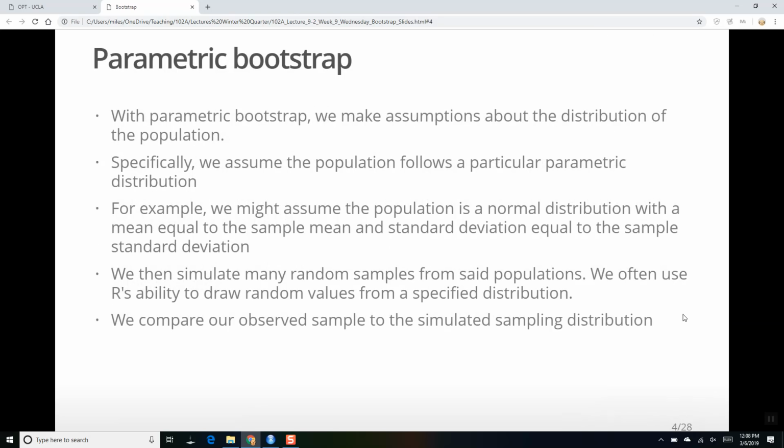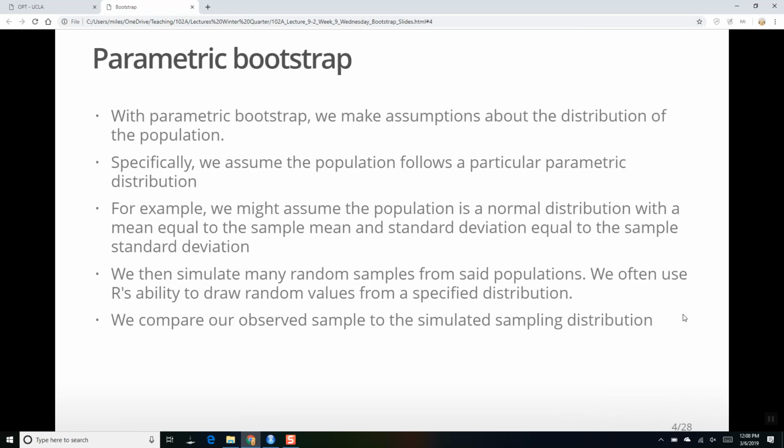Okay, so with parametric bootstrap, we're going to make assumptions about the population. Specifically, we're going to just say the population follows some particular parametric distribution.